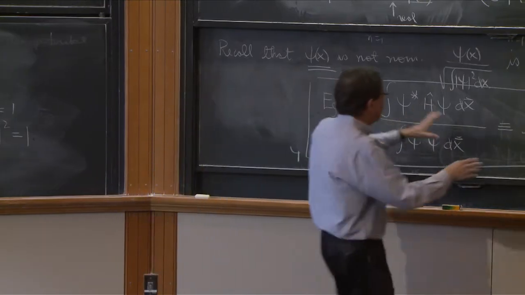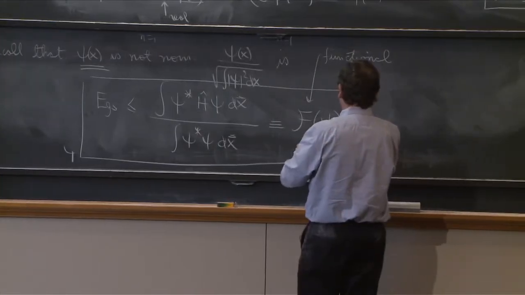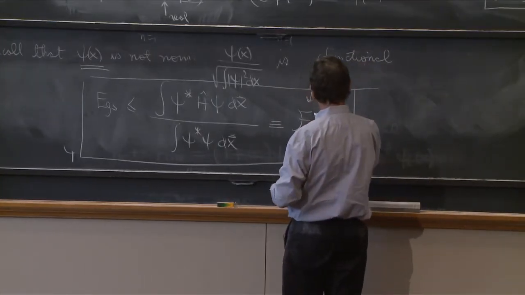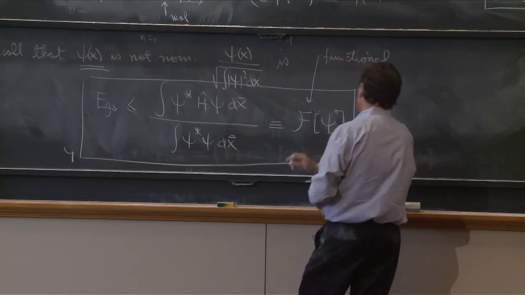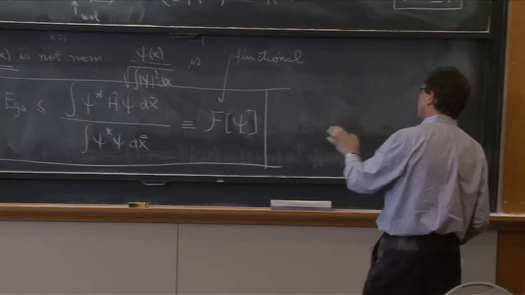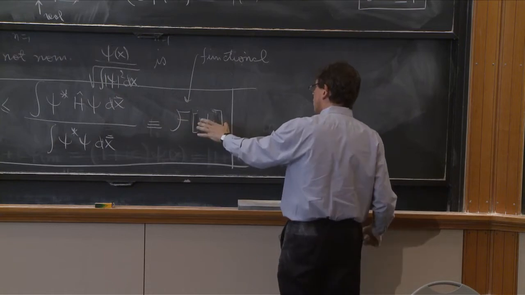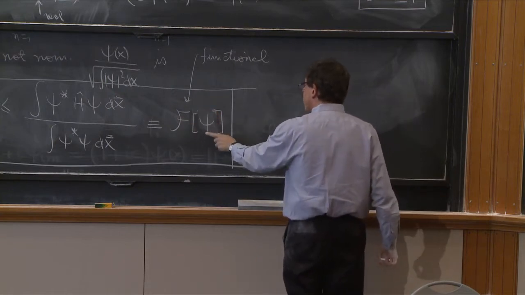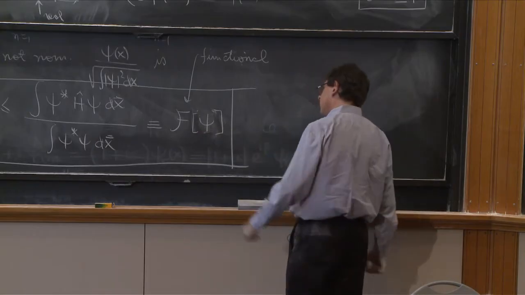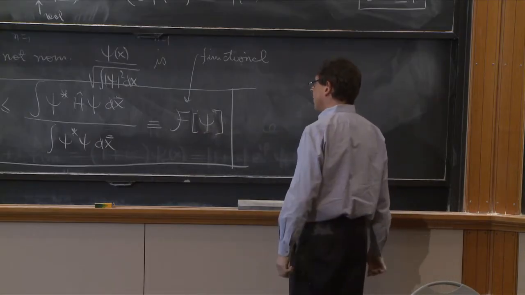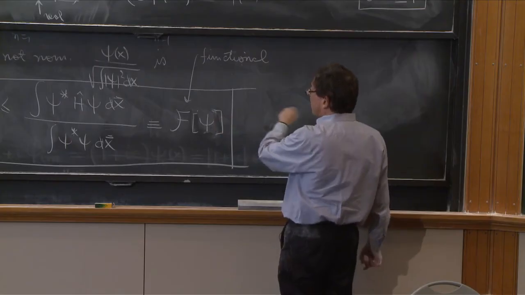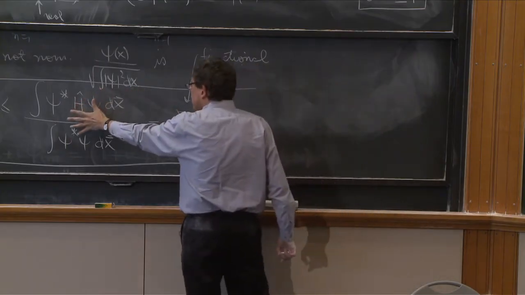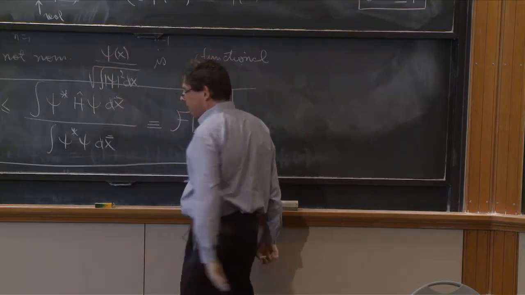So here F of psi is a functional, and maybe I should use brackets. Many times people use brackets to denote that, watch out, this is not a function, it's a functional. And here it is. You give me a psi of x, which is a function, and then this is a number because you've done the integrals.